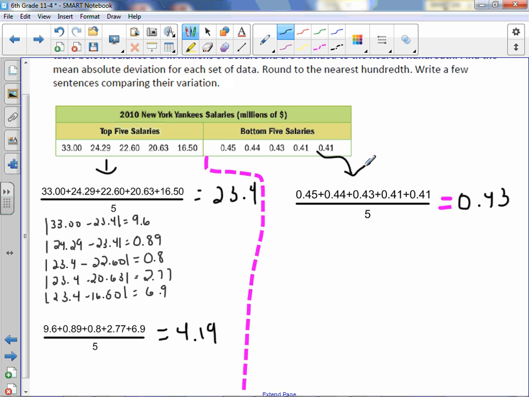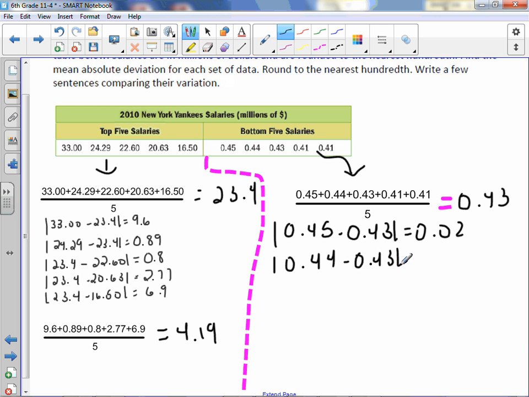Let's go ahead and subtract each data value from the mean. Absolute value, 0.45 minus 0.43 equals 0.02. Next, 0.44 minus 0.43, absolute value is 0.01.